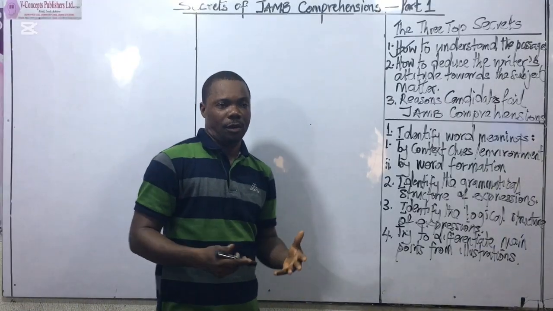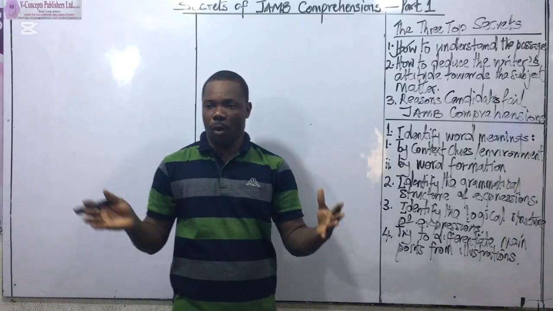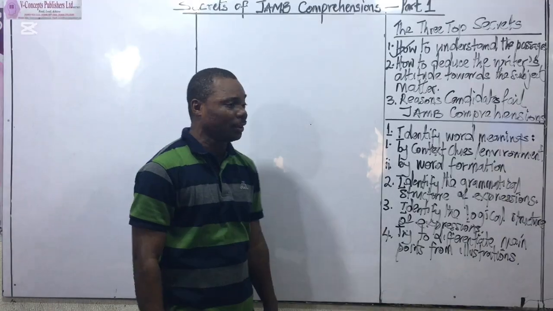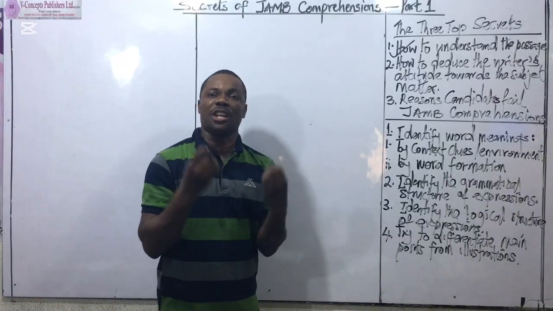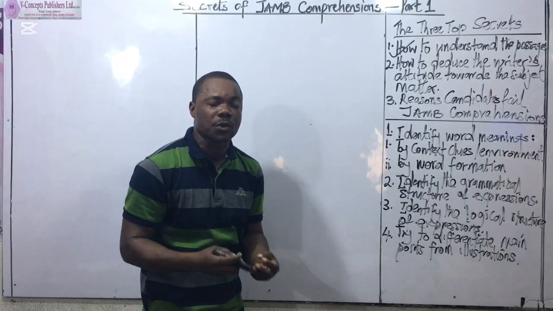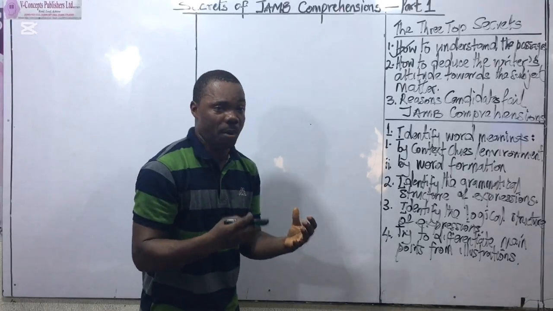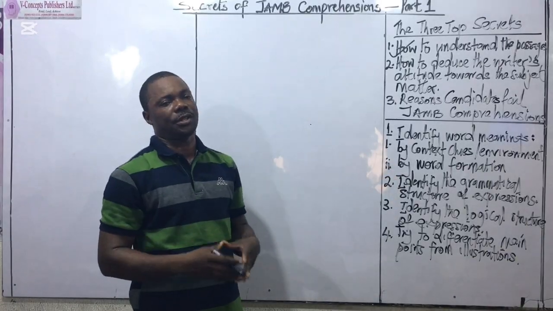If it's WAEC, you're going to expect a very simple passage, like you're going to come across simple words, normal words, regular words, everyday words. But in JAMB comprehension, you're going to expect to what? Encounter difficult words, unfamiliar words, words that you have not seen before, or the words that you have not heard of before. So you're going to expect to see them in a JAMB comprehension passage.